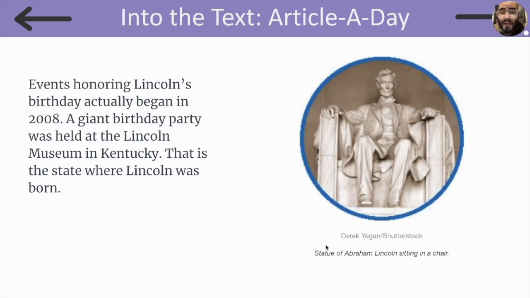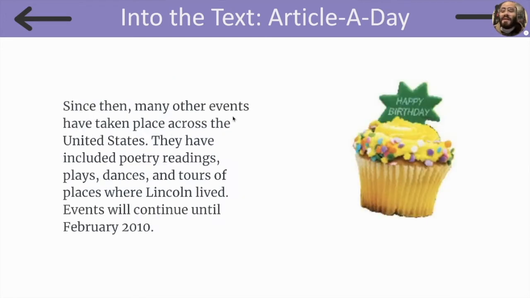So even though the Lincoln Memorial is in Washington, D.C., because Lincoln was a very important president and our government is in Washington, D.C., the Lincoln Museum is in Kentucky, where Lincoln was born, and they already started celebrating his 200th birthday in 2008. Since then, many other events have taken place across the United States.